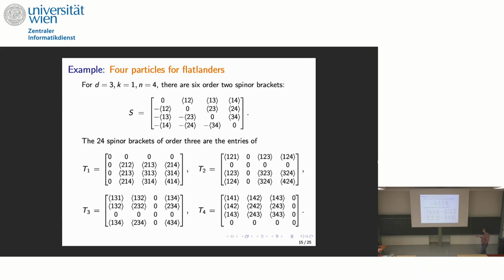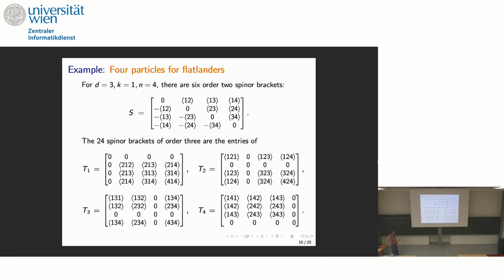Let's just look at this, right? So now we're there. So here S looks like this. So now D is 3, so k is 1, and n is 4. So for 4 particles, the order 2 spinor brackets form a skew symmetric matrix. And then there are 24 spinor brackets of order 3, and there are 6 in each of these T1 matrices, so T matrices.